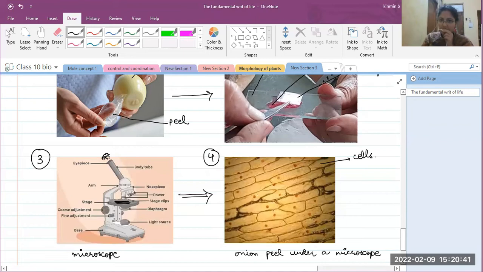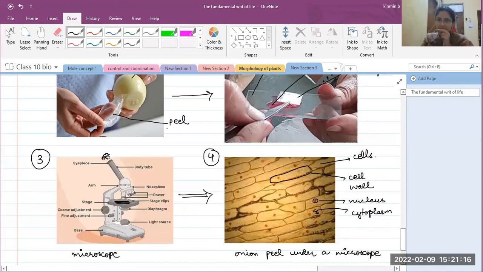So these are all the cells of the peel and the lining, the outlines here. This outline that we see, it's the cell wall. And the red dots that we see, these dots are the nucleus. And the empty space that we are seeing here, this empty space, this is the cytoplasm.